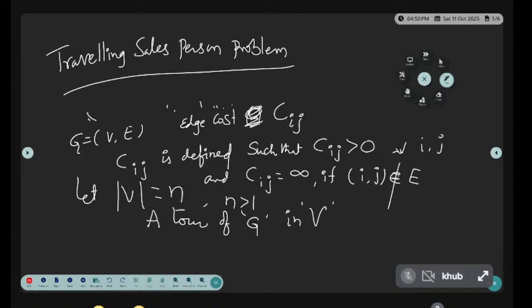What did we say earlier? Vertex, edge, sum of edges only: the sum of the cost of the edges on that tour.